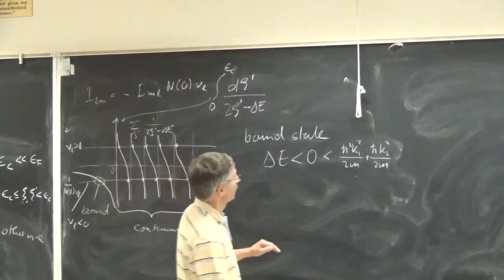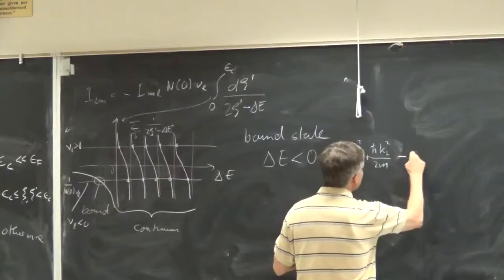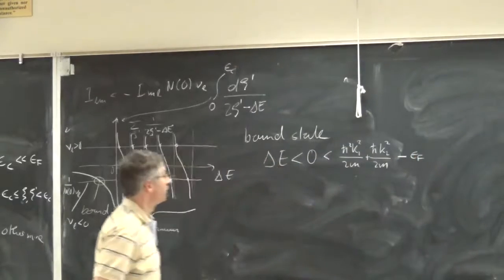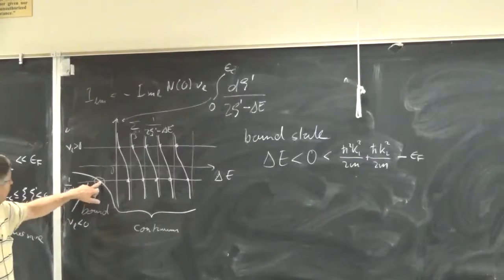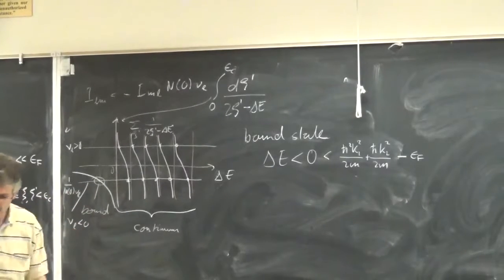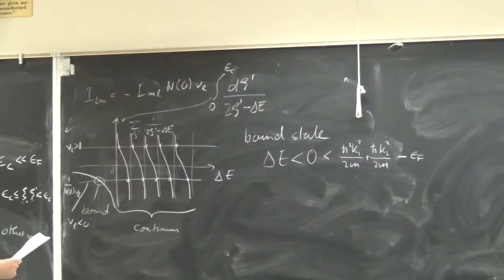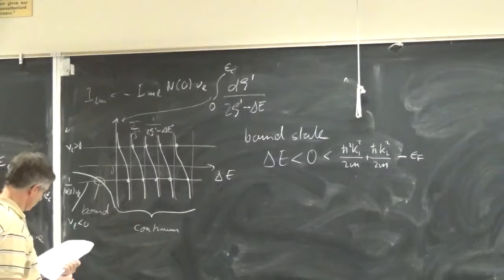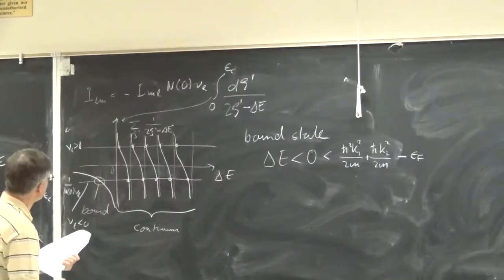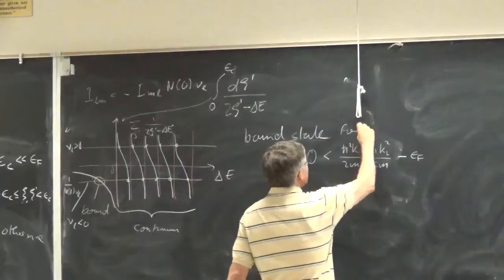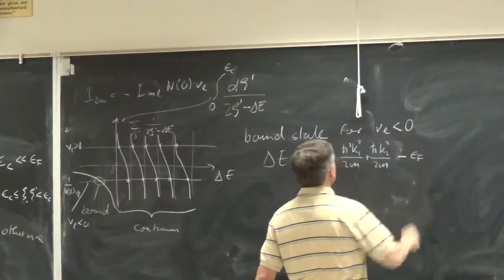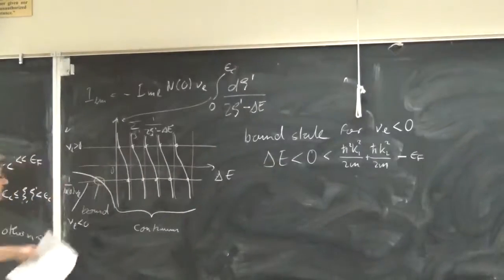Oh, sorry, I should plus, so minus epsilon F. So I get here this bound state if nu L is smaller than 0, and I get no bound state if it's larger than 0.